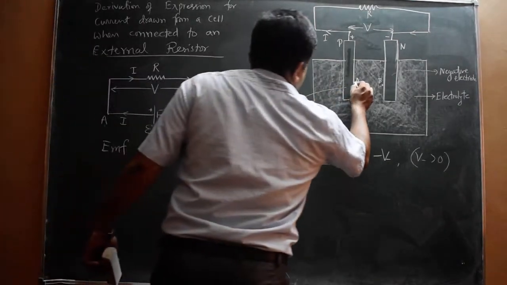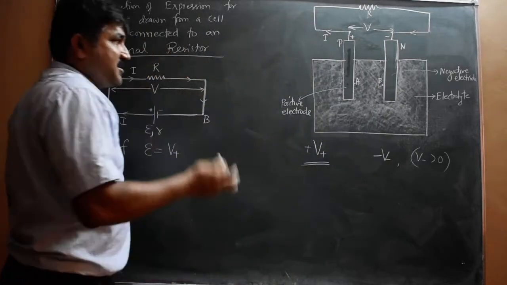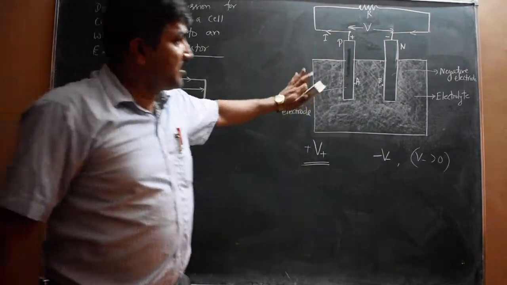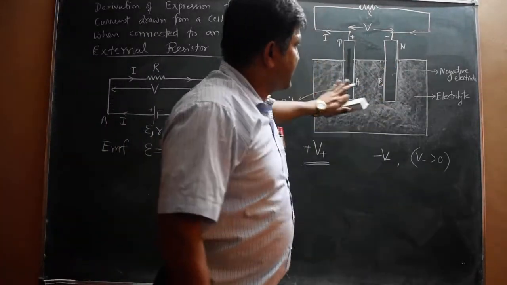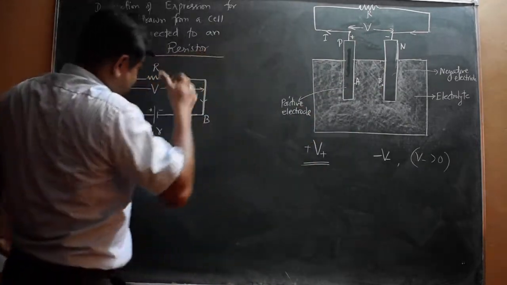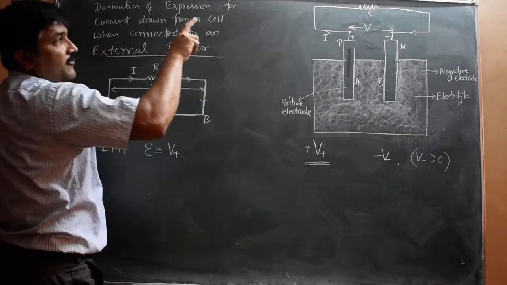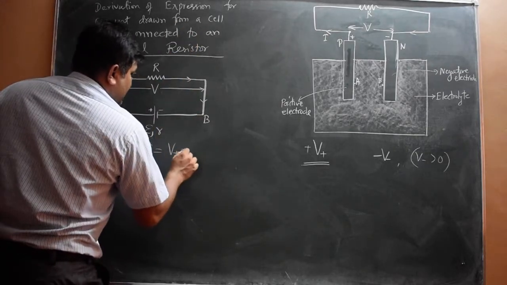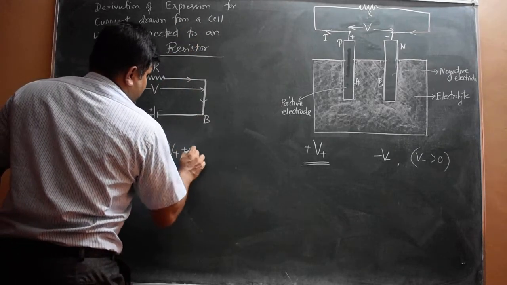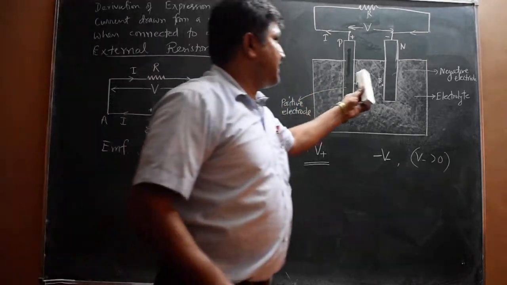Then the potential difference between A and B is 0, because the entire electrolyte is at the same potential. The potential difference between A and B is 0 in open circuit, when no resistor is connected.